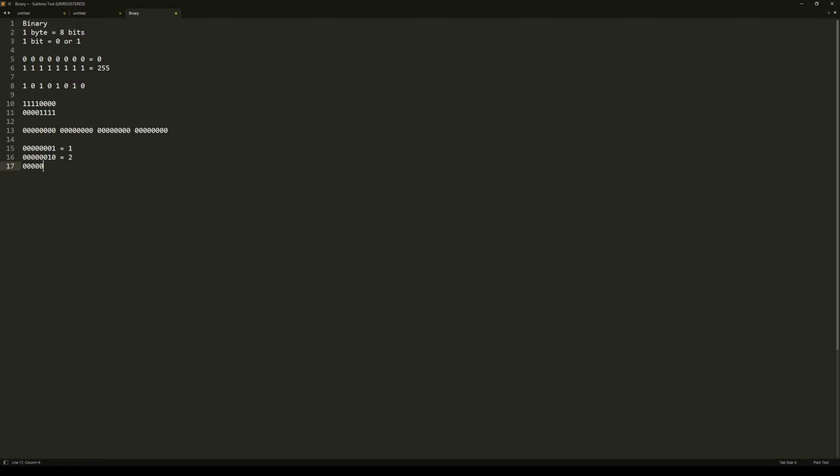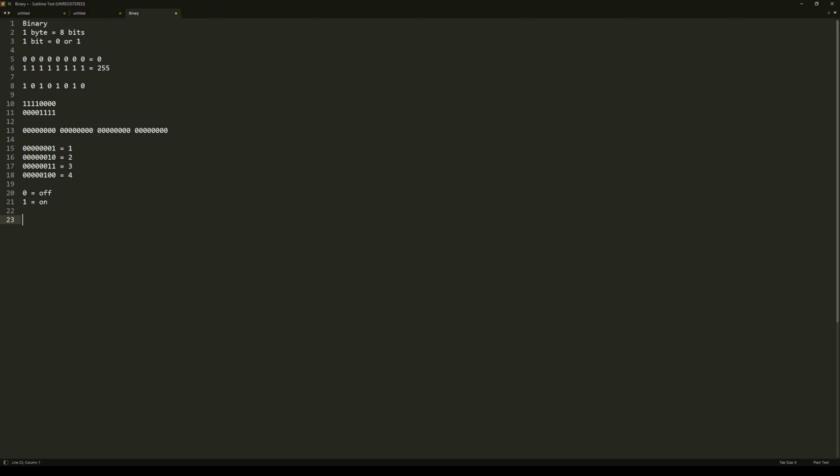If you have 1, 2, 3, 4, well, I guess actually we'll do this one. This is equal to 3, and then you can have this equal to 4. And to explain, a 0 is equal to off, a 1 is equal to on.